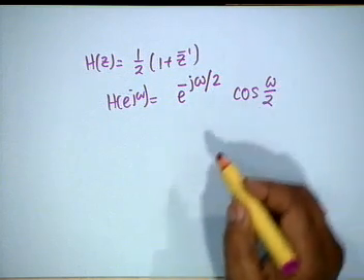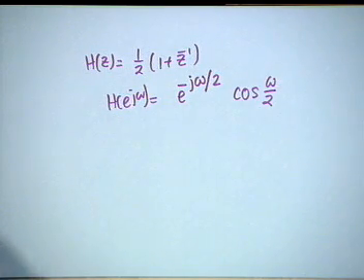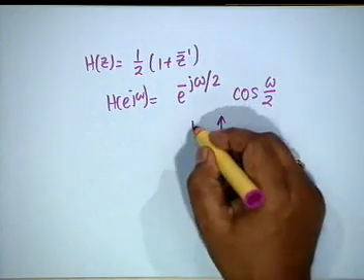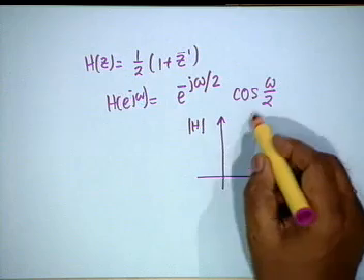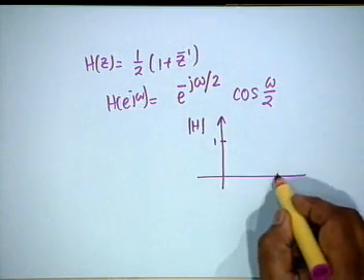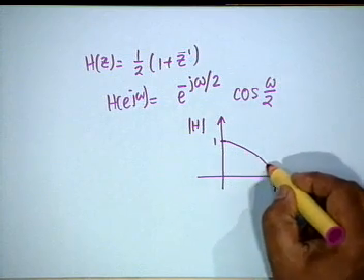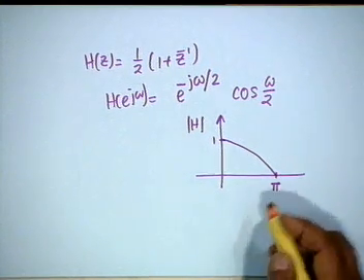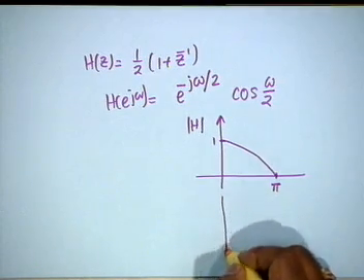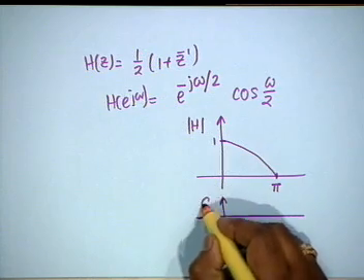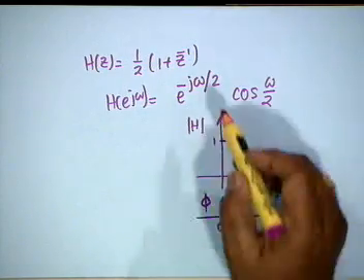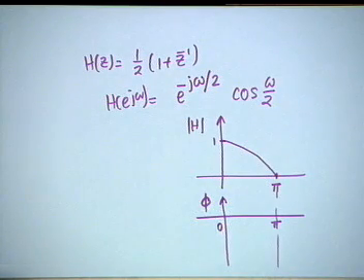Now, cosine of omega by 2 in the range 0 to pi is positive. Agreed? So, if I plot the magnitude, it starts from 1 and at pi it goes to 0. So, the characteristic would be something like this, which is indeed a low pass filter. Okay. And the angle, if I plot the angle phi between 0 and pi, the angle will be strictly minus omega by 2.